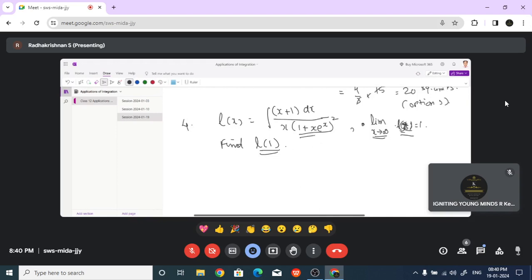So the first candidate you can consider is this. Let's say put t equal to 1 plus x e power x. Then what is dt?